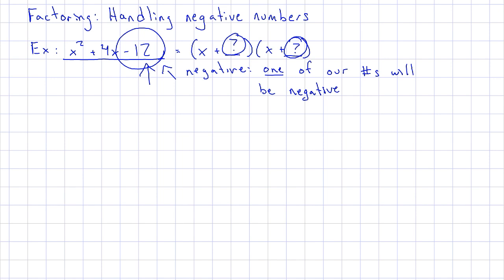Again, when we're doing these factoring, what we want to find are numbers that multiply to equal negative 12, I apologize, and we're looking for two numbers that add to equal 4. So let's go ahead and begin with what numbers equal 12. So I won't consider the negative right now.